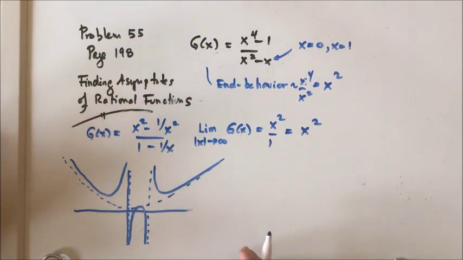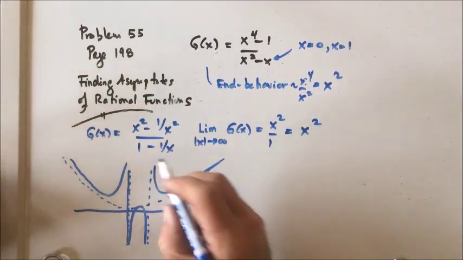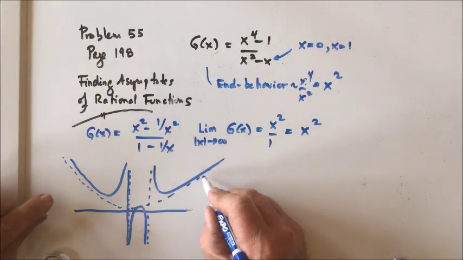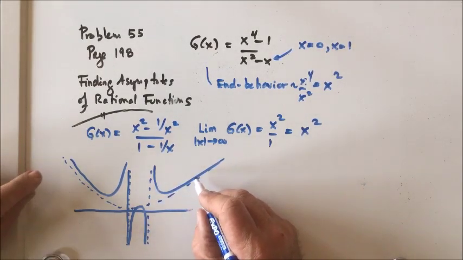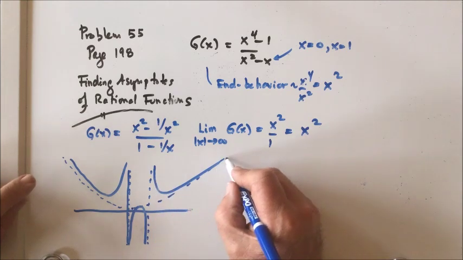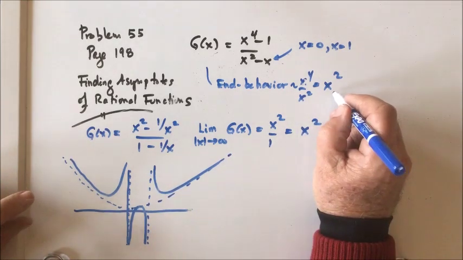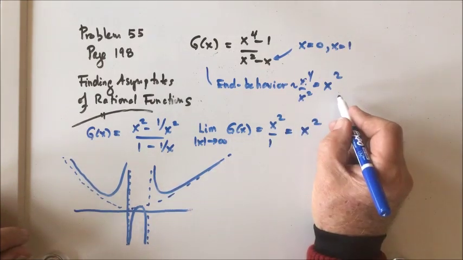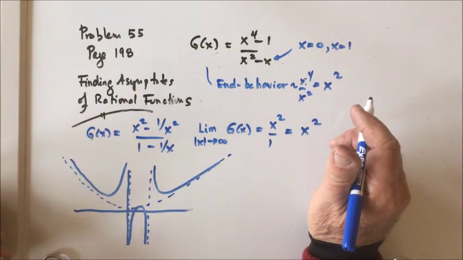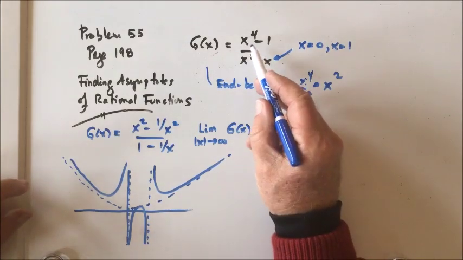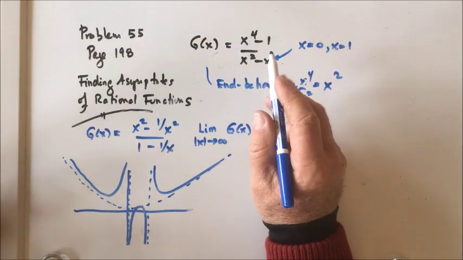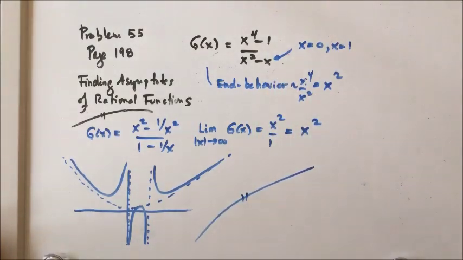So that's a very quick analysis of this thing, but what you want to see is that as x gets large, indeed, the function does tend towards a particular curve, and that curve is y equals x squared. It tends toward it asymptotically. All right, and that, to close here, is what happens when the difference between the degrees of the top and the bottom is 2 or more. All right.